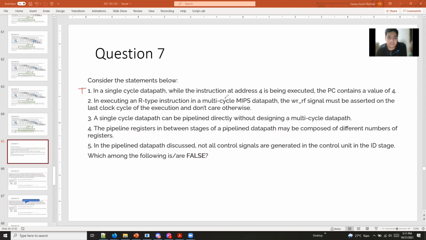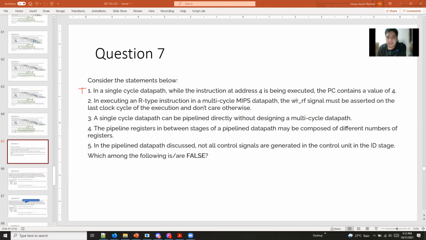In executing an R-type instruction, the write register file signal must be asserted on the last clock cycle of the execution and don't care otherwise. So, R-type instruction. Don't care ba siya otherwise?